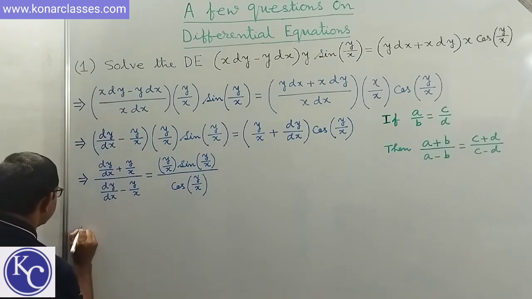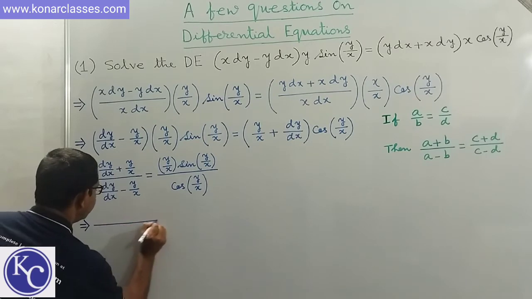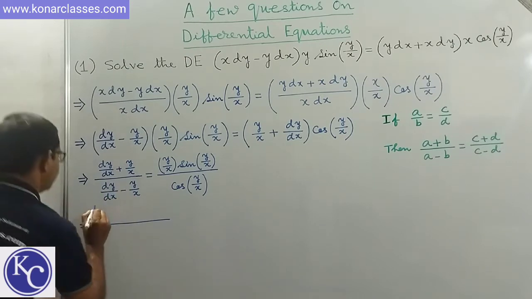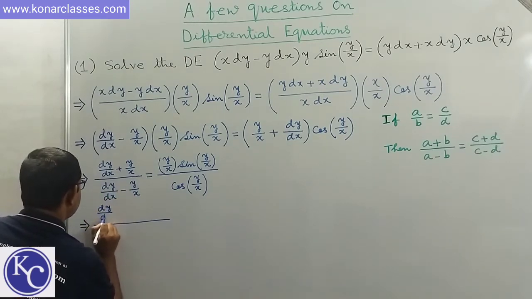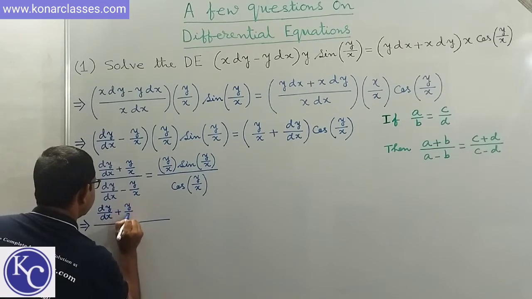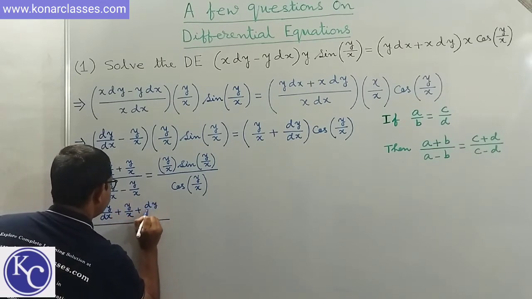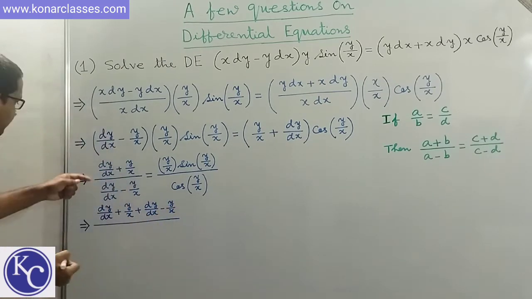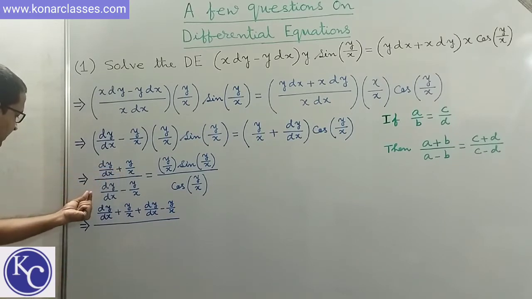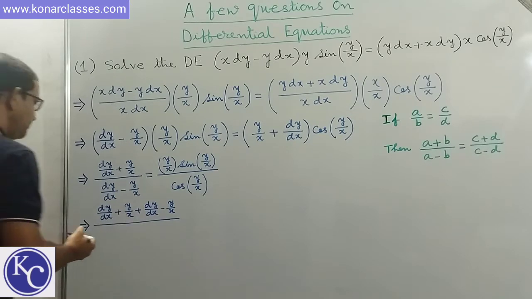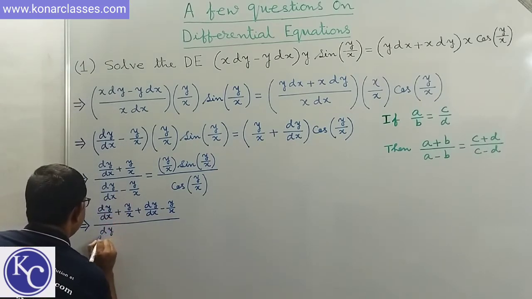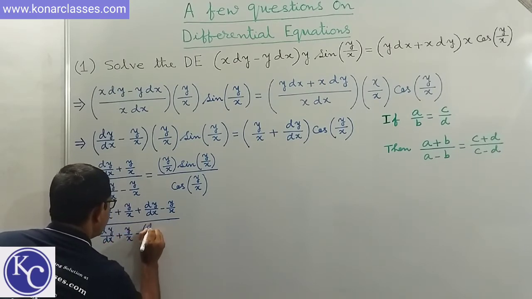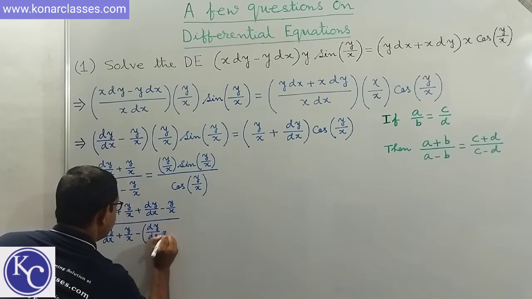So what we are going to get, dear students, is in the numerator dy/dx plus y by x plus dy/dx minus y by x, divided by dy/dx plus y by x minus of (dy/dx minus y by x).